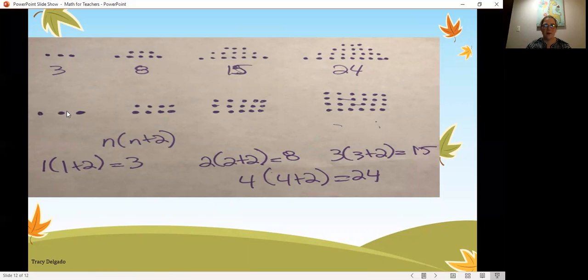So this is 1 plus 1 plus 1 is 3. 1 plus 2 plus 2 plus 2 plus 1 will give us 8. This is 1 plus 2 plus 3 plus 3 plus 3 plus 2 plus 1 equals 15. And this will be 1 plus 2 plus 3 plus 4 plus 4 plus 4 plus 3 plus 2 plus 1 equals 24.